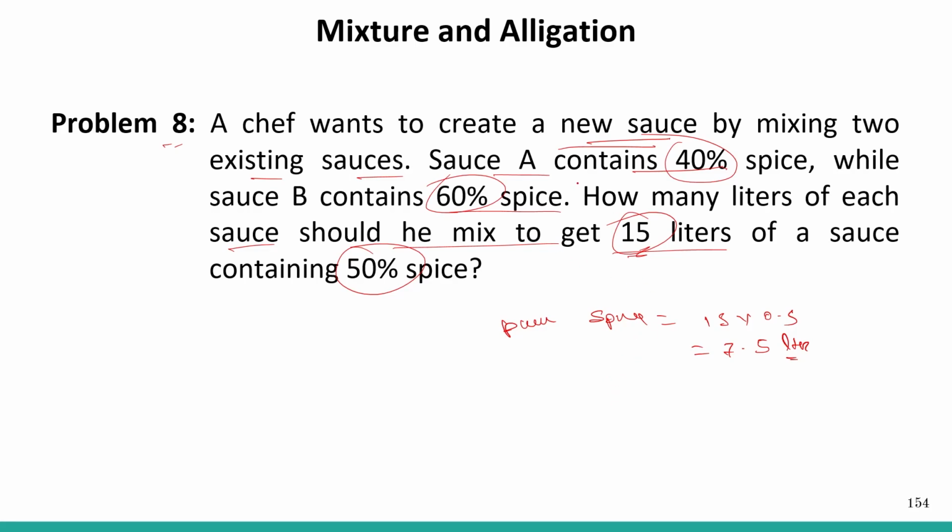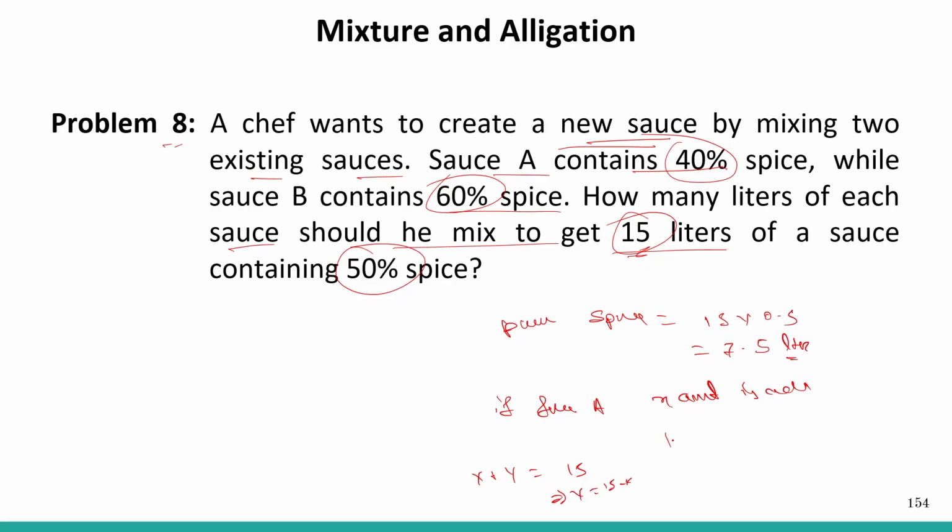So let sauce A have amount x mixed in it. So if x amount is added from A, and from B how much will be added? Let it be y, but x plus y is equal to what? Given as 15. So this implies that y is equal to 15 minus x.